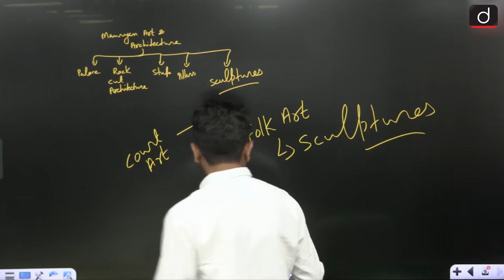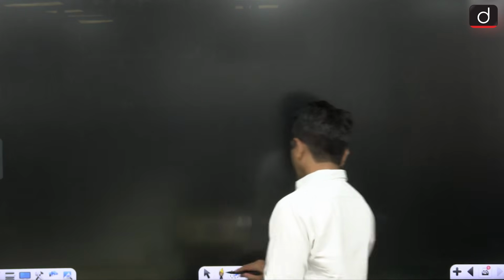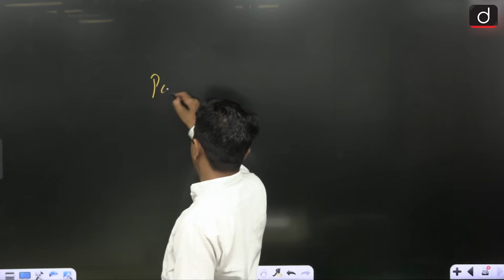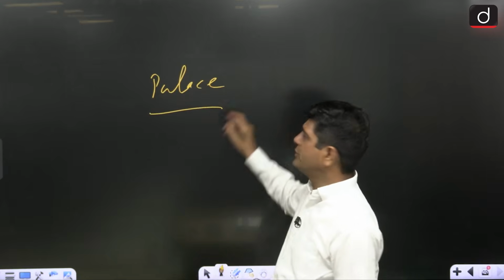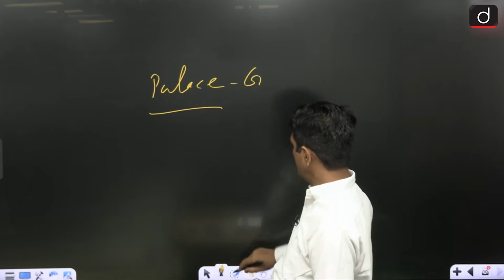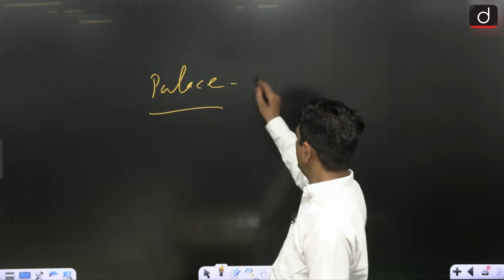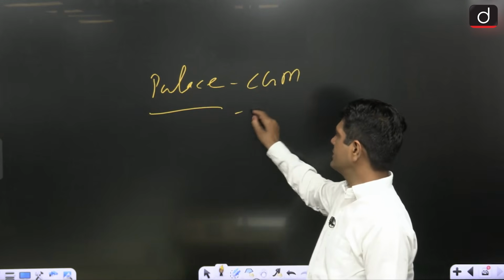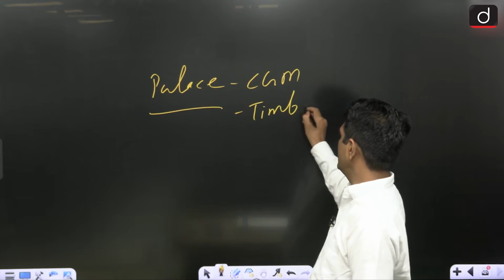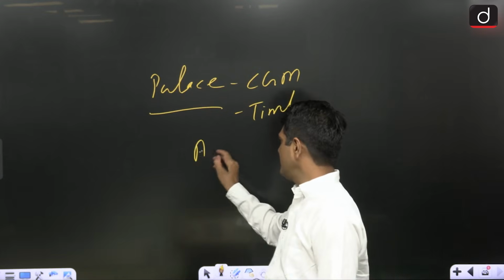Coming on to the palace. The palace of Patliputra was built by whom? Chandragupta Maurya. And what was the construction material? Construction material was timber. Now came Ashoka.